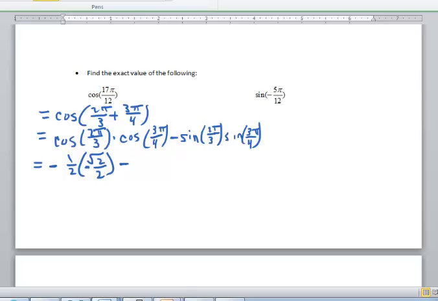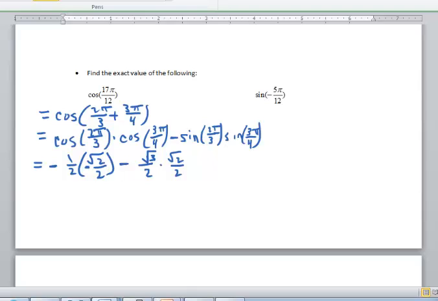Minus the sine of 2 pi over 3. It's going to be positive because it's in the second quadrant, so it's the same as the sine of pi over 3, which is radical 3 over 2, times the sine of 3 pi over 4, which again is positive in the second quadrant, so it's the same as the sine of pi over 4, which is radical 2 over 2.